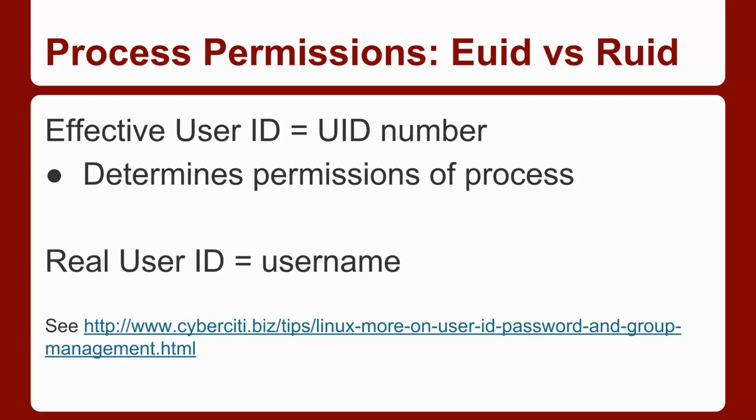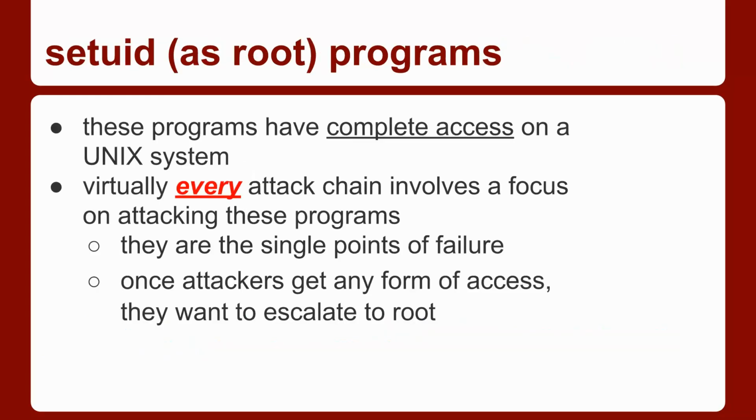So if you have, for instance, run password to change your password, while that's running, it will have UID of 0, which is root. And then when it's done, it will return to you. However, the real user ID, your username, will still be the same during the execution, I believe.